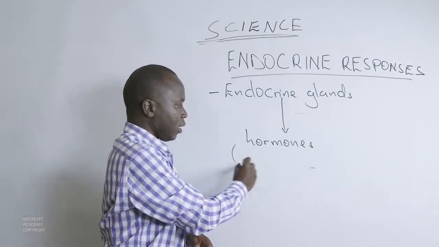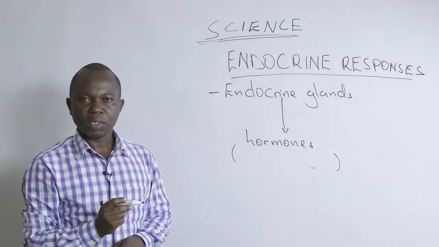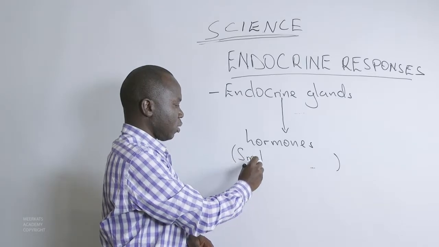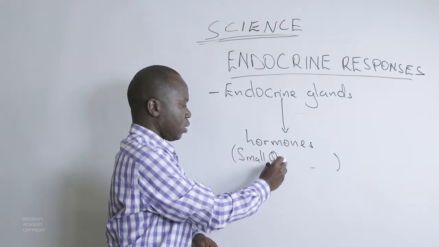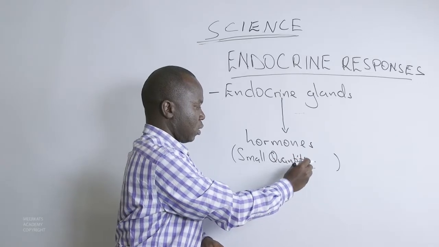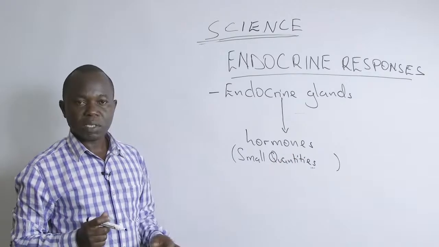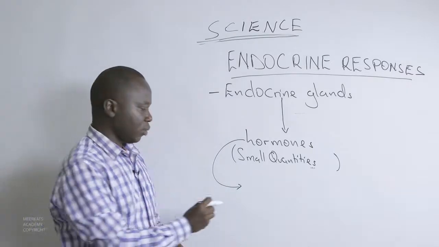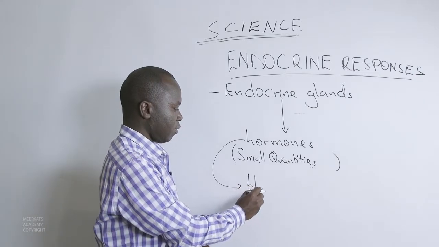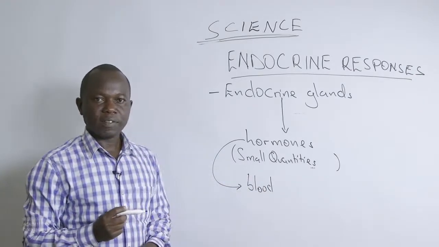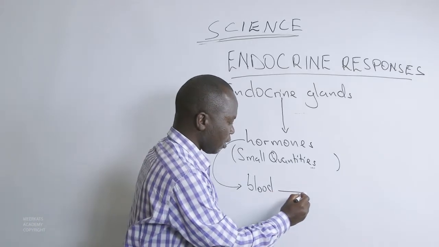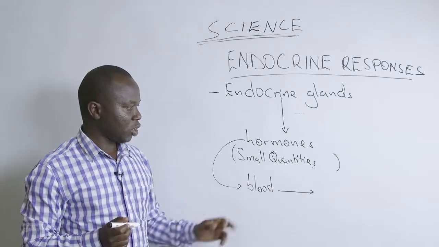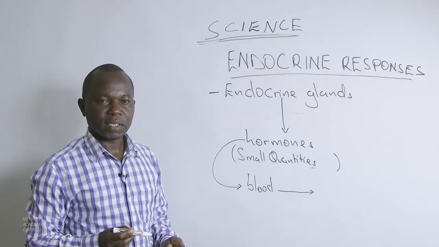But one thing that we should know about hormones is that they are usually produced in small quantities. They are produced in small quantities, and after that they will diffuse into blood. After diffusion into blood, the blood will now perform the role of transporting these hormones to target cells.